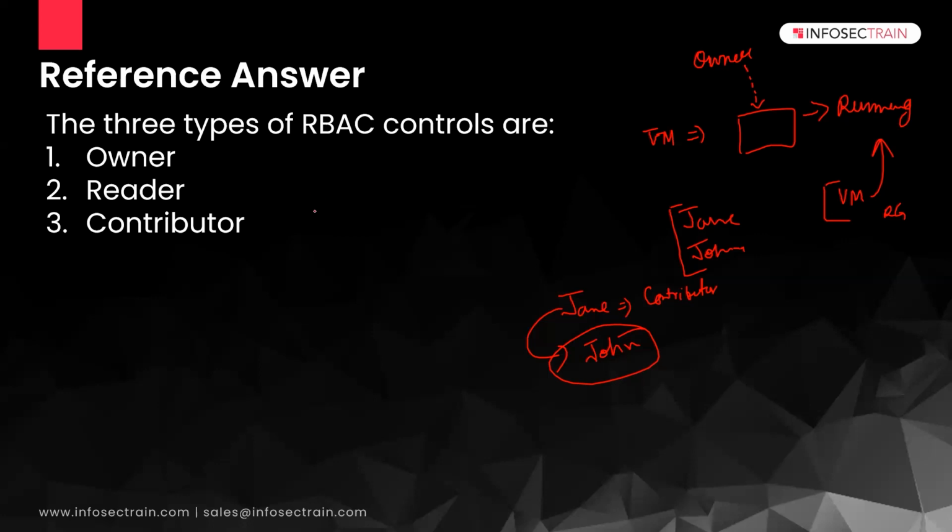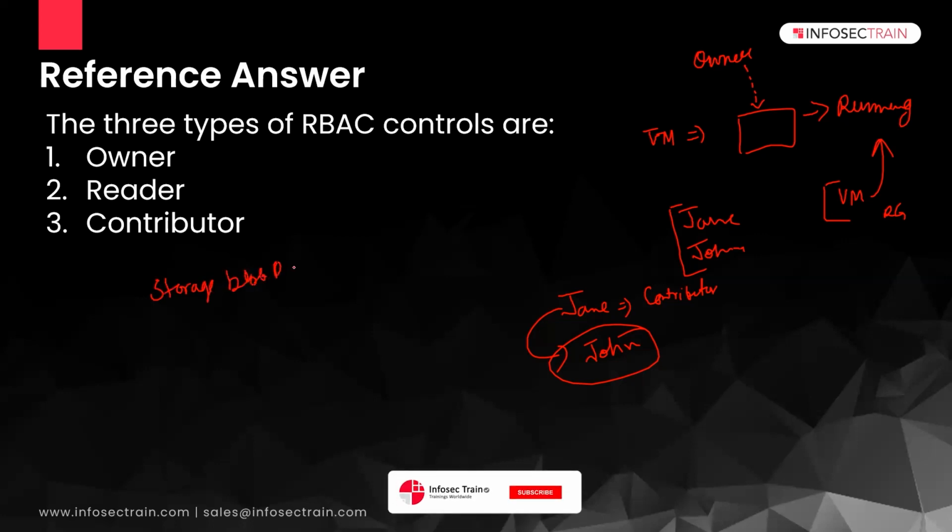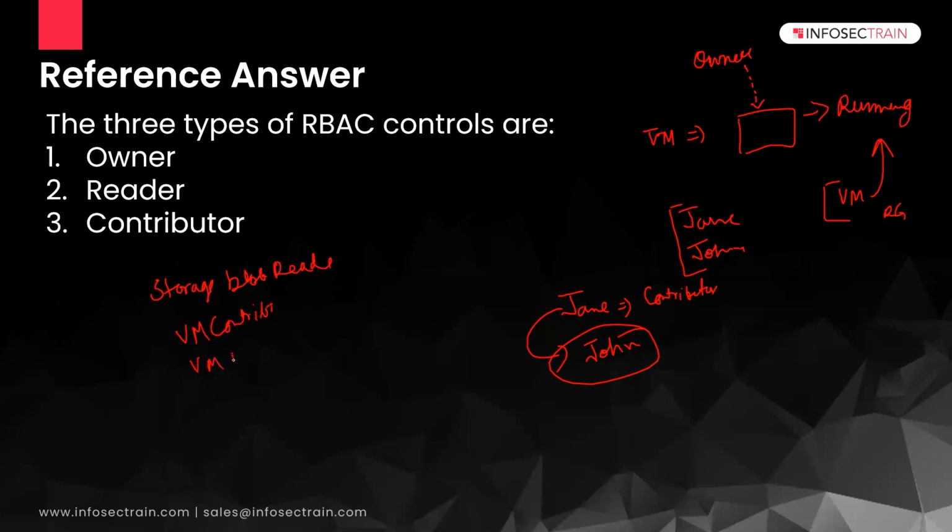If you have worked with this, you must have seen there are hundreds of roles. What are those roles? They are roles like Storage Blob Reader, Virtual Machine Contributor, Virtual Machine Reader. There are hundreds of different roles: application based, storage based, VM based, blob based, table based.